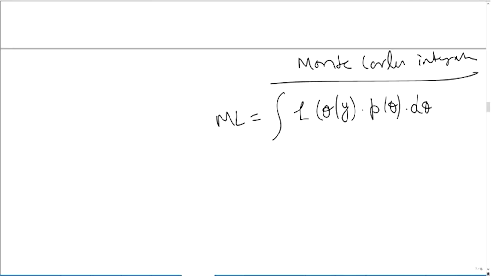What you can do is draw some values theta I from some importance density g of theta.